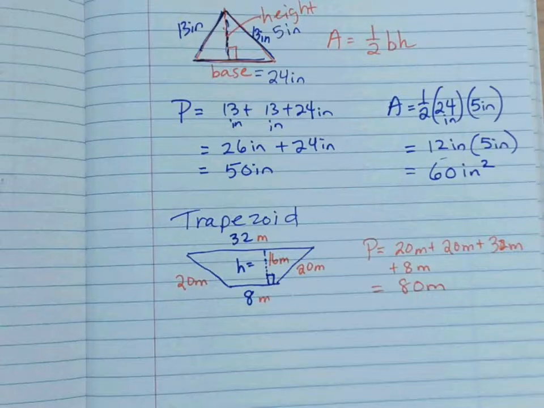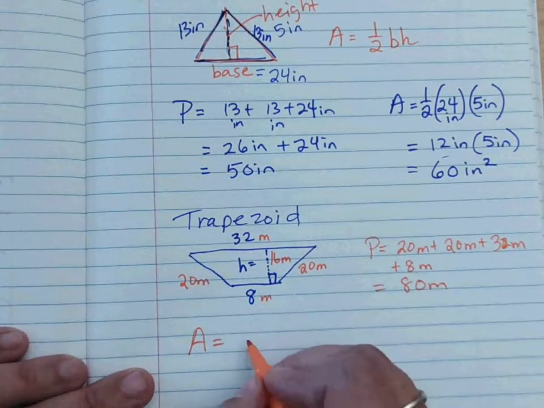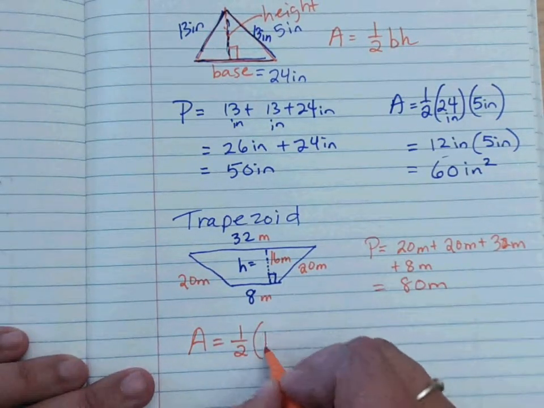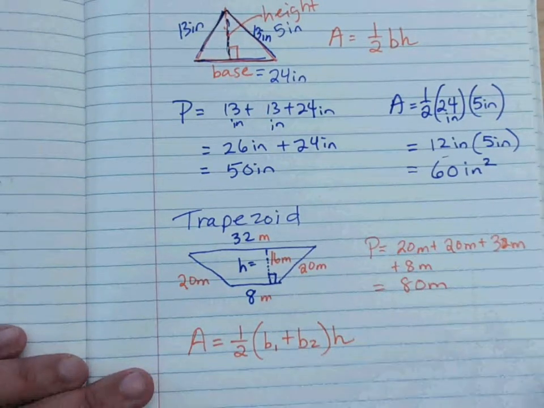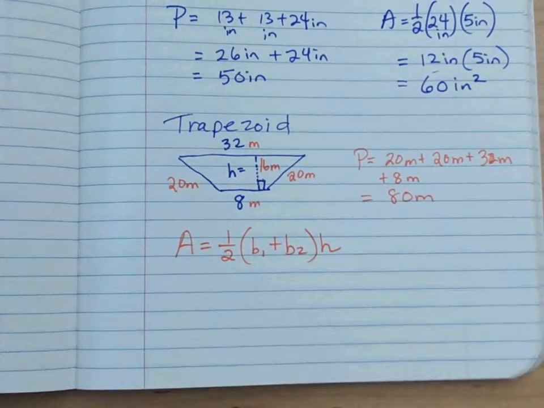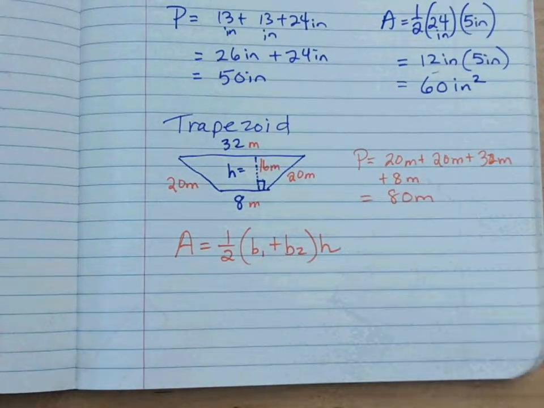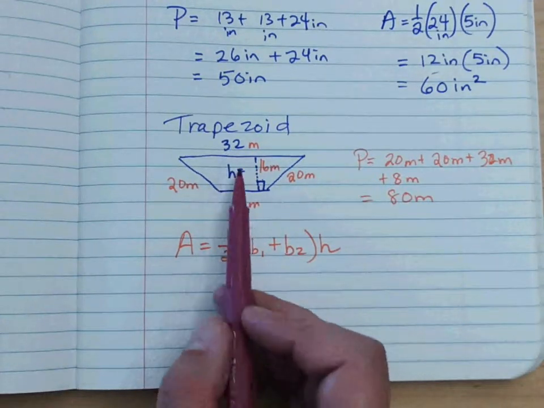Now the formula for a trapezoid, for the area, is 1/2, because that's the average, base 1 plus base 2 times the height. That is the formula for the area of a trapezoid. And basically, the reason why we have this formula is we're going to be taking the average of the two heights.